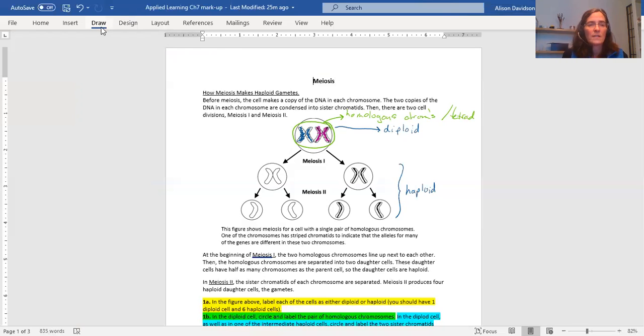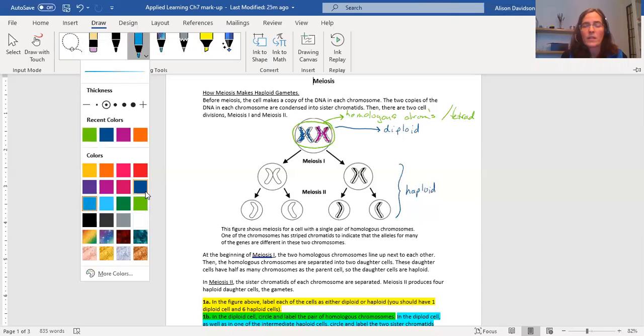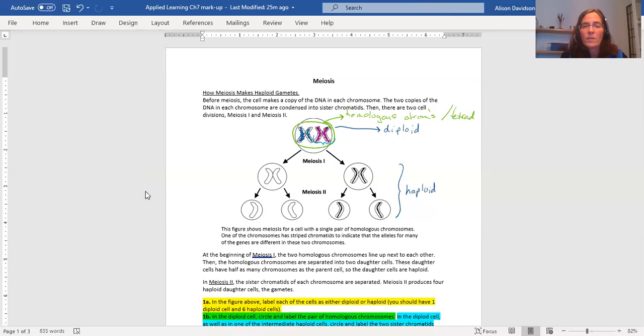To contrast this, the sister chromatids, let's grab another color here, are just half of the homologous pair. So these two are the sister chromatids. The sister chromatids are basically the two halves of the replicated chromosome.